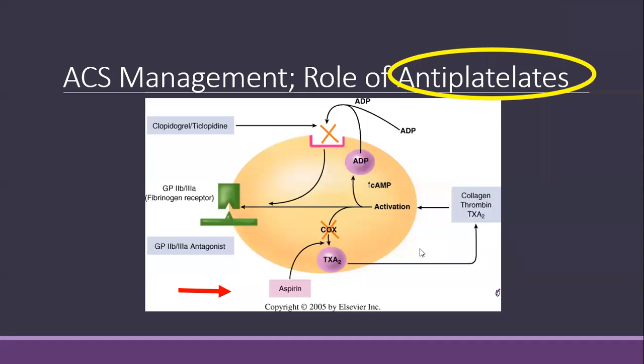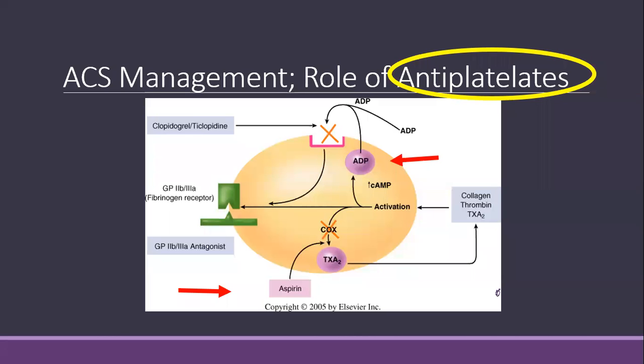This pathway is blocked by the aspirin, and the cyclic AMP pathway, the ADP pathway, will be blocked by the clopidogrel and ticlopidine. Ticlopidine is nowadays not used because there are some side effects. The clopidogrel is the main drug that blocks this pathway, the cyclic AMP ADP pathway.